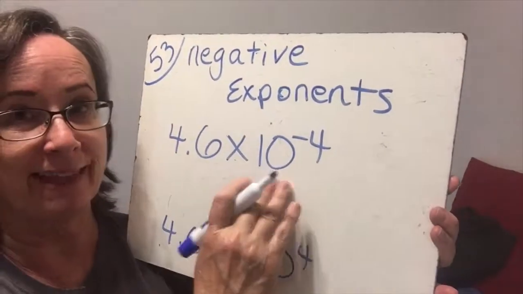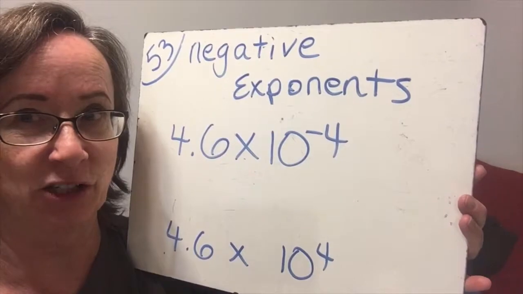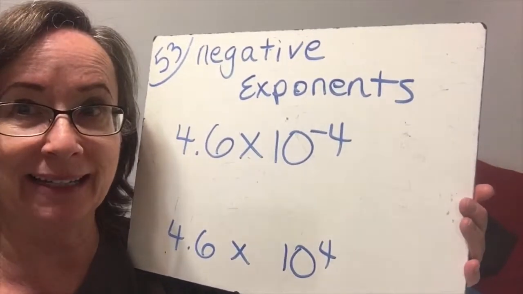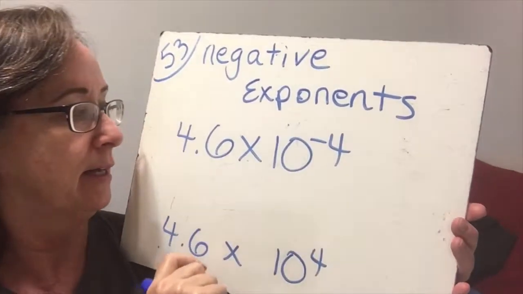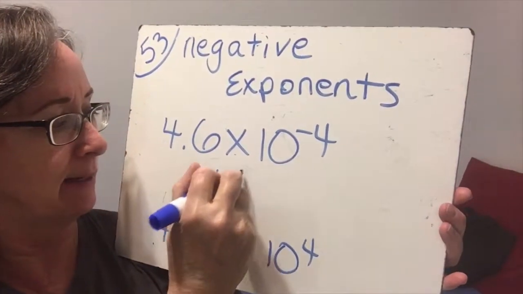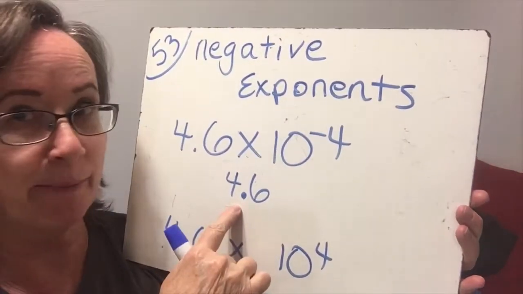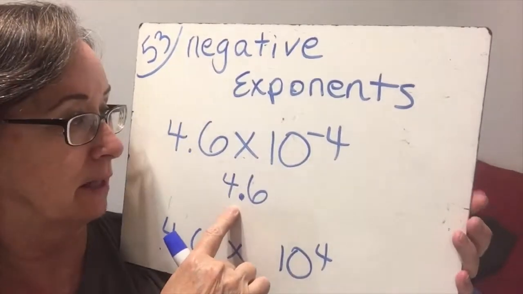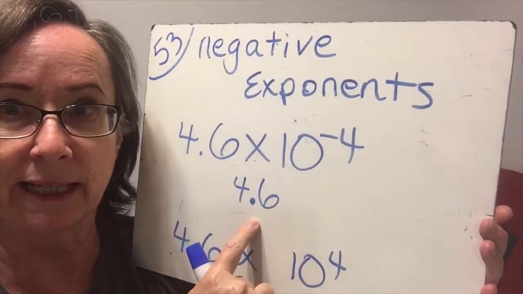Okay, so now we have 2 problems in one example. We're going to take these 2 problems that are in scientific notation, and we're going to put them back into standard form by doing what we're supposed to here. So 4.6 would have a decimal here, but that's not my real spot for my decimal. This is the scientific notation. What does this number really look like?